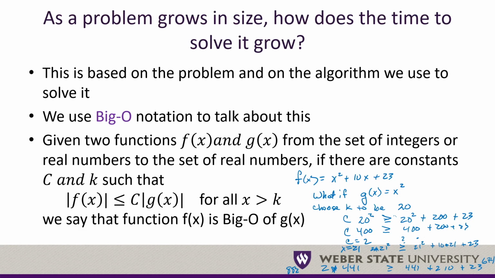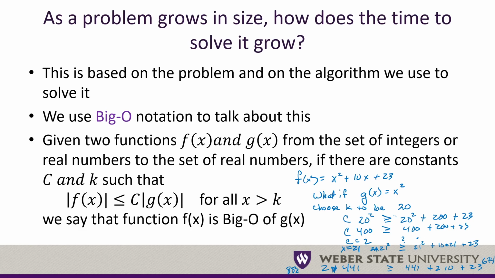And what you'll notice is this is actually going to grow faster than this at every step. So as we keep going, this is always going to be bigger than the thing on the right-hand side. So if I multiply 2 times x squared, once x is bigger than 20, then it will always be bigger than x squared plus 10x plus 23.